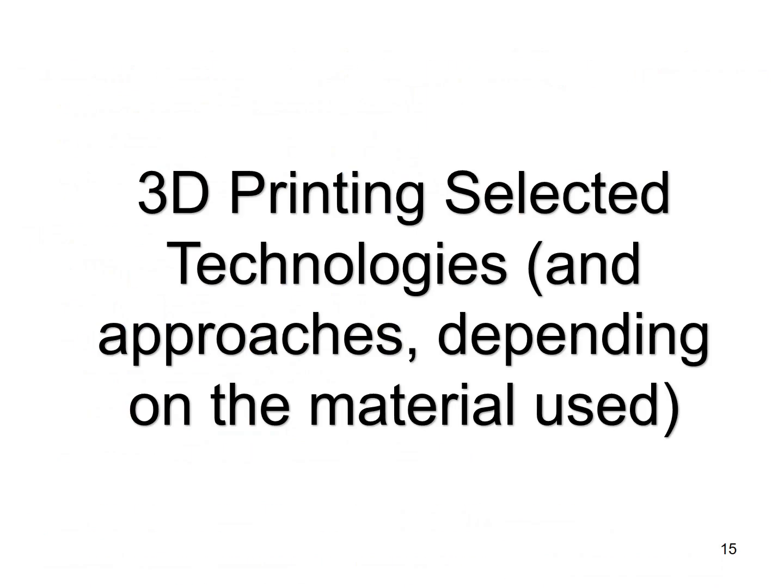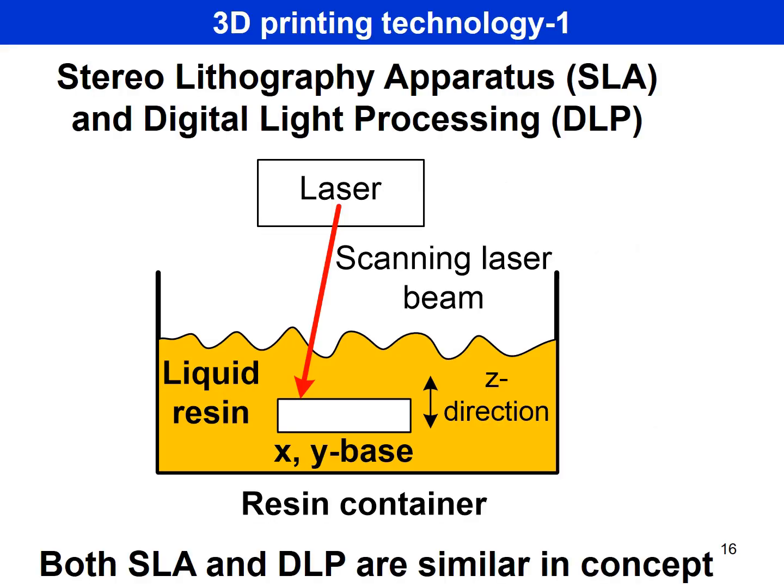We're going to focus now on selected technologies and approaches, depending on the material used. Actually, most of the technologies are material dependent. We'll start with a 3D printing technology that was initially called stereolithography apparatus, or SLA, and digital light processing.